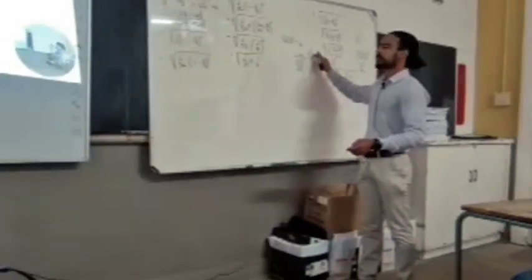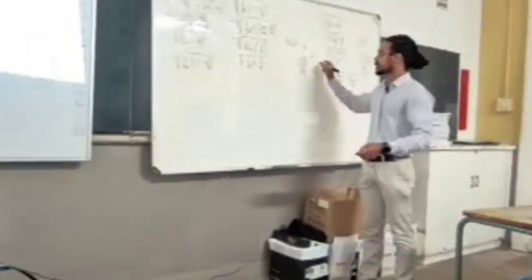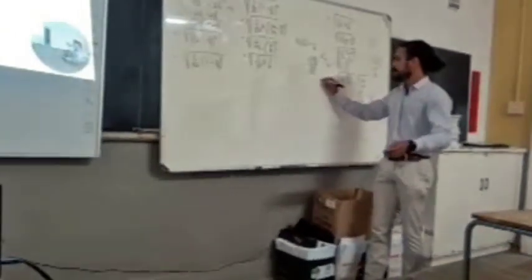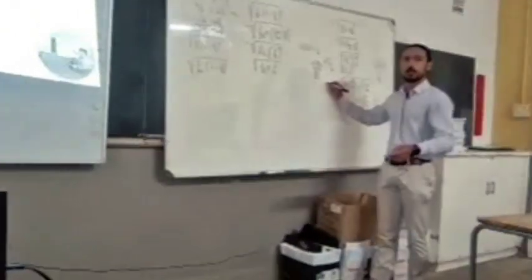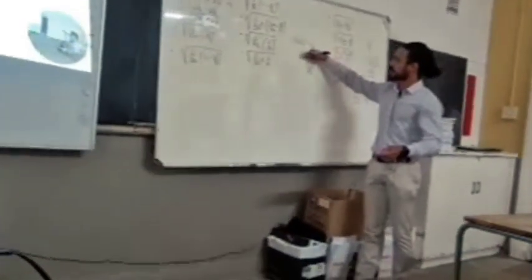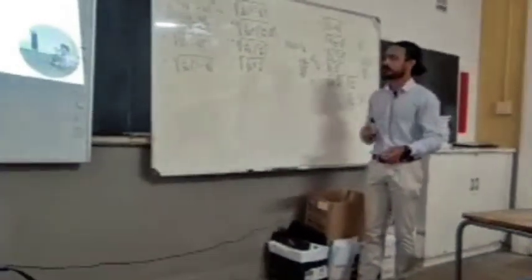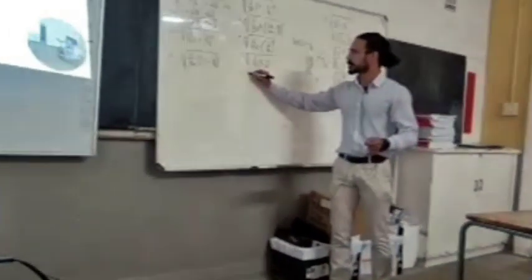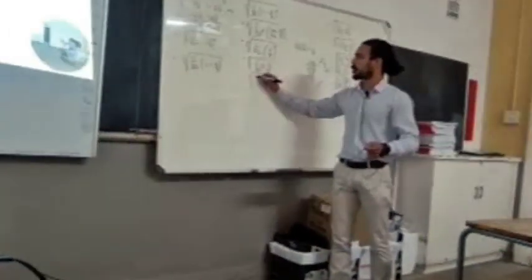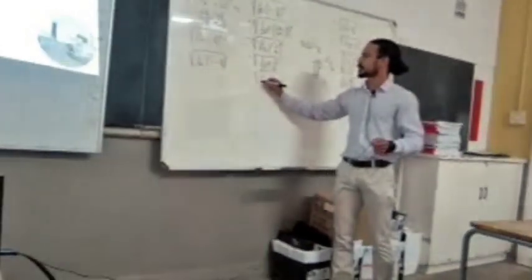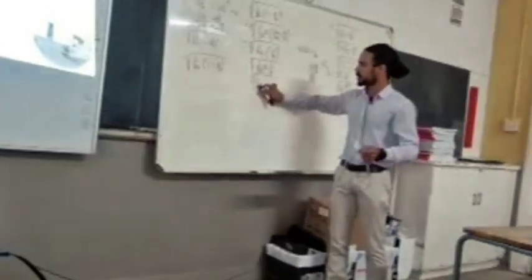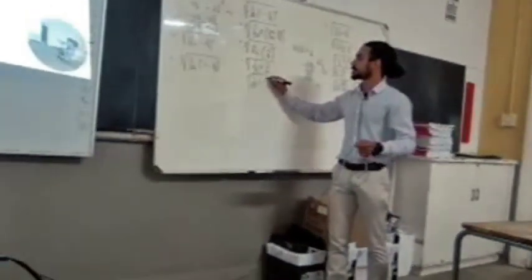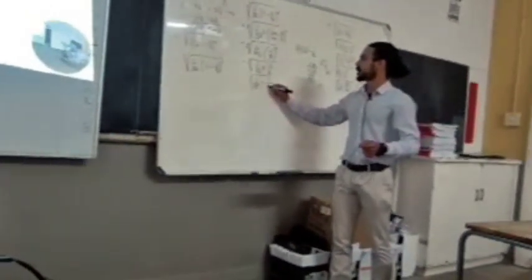So 2 to the power of 5 is equal to 32. That means 16 can also be written as 2 to the power of 4. I'm just going to rewrite this as the cube root of 1 over 2 to the power of 5 times 2 to the power of 4.